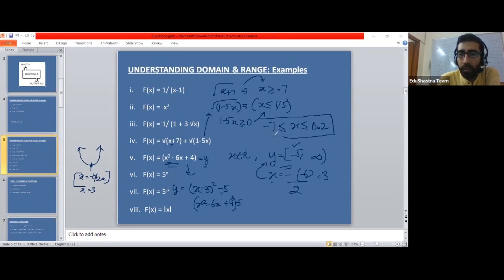All values of x between these two values will be acceptable, and outside them not acceptable. This is my domain. I hope this is clear, guys. Let me know if there's an issue in any of the questions.